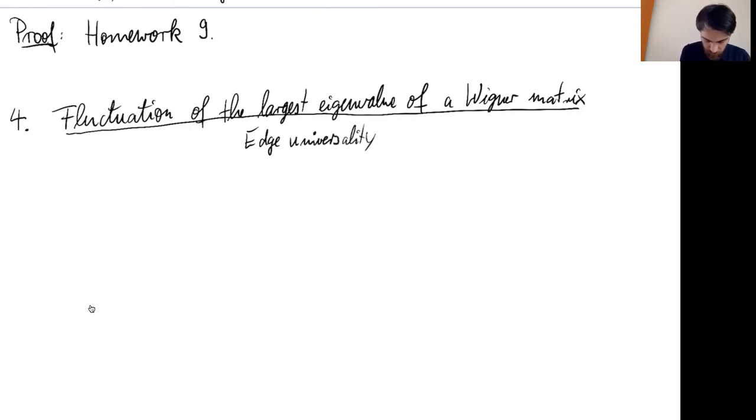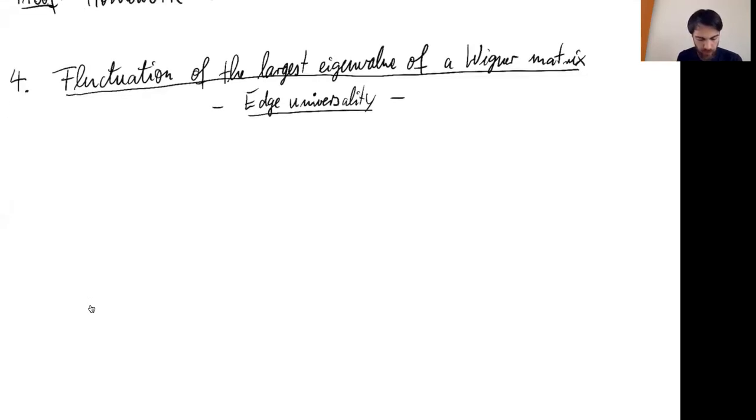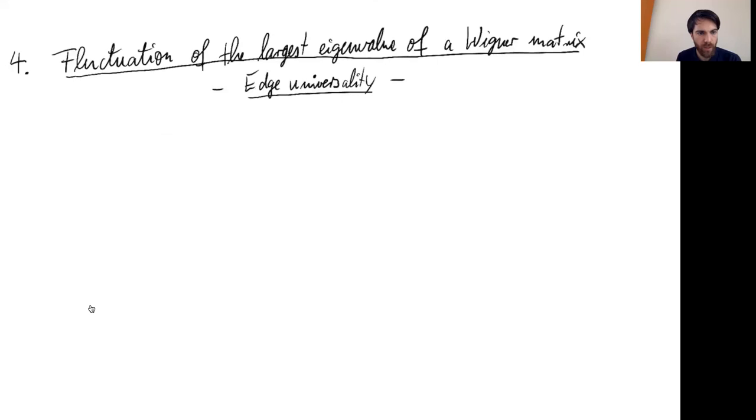Universality here has the same meaning as we had before in the bulk. It means that you can explicitly compute something in the Gaussian case, and then prove in a second step that you always get the same result as in the Gaussian case, which we will discuss here for Wigner matrices.